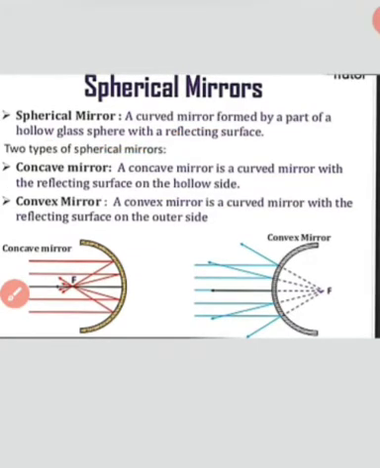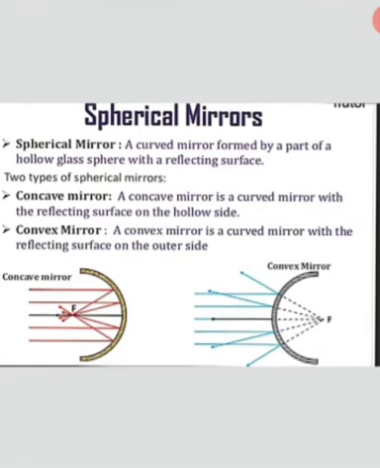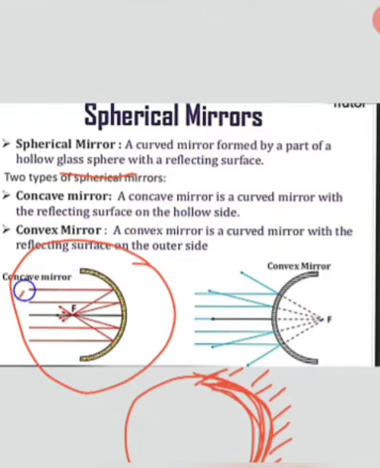As written here, a part of a hollow glass sphere: if we consider this concave mirror, it is just a part of a hollow sphere. A sphere is like this. If we cut this much part of the sphere and shade the outer side, this part of the hollow sphere is going to behave as a concave mirror.